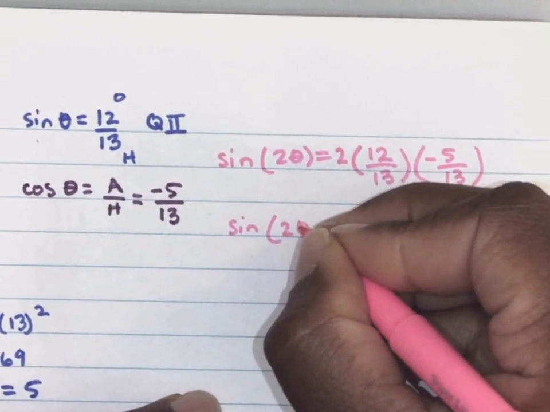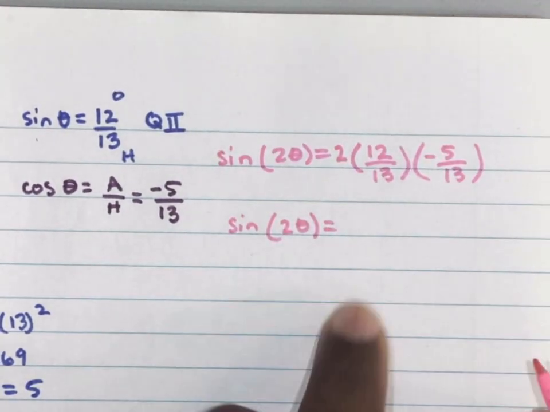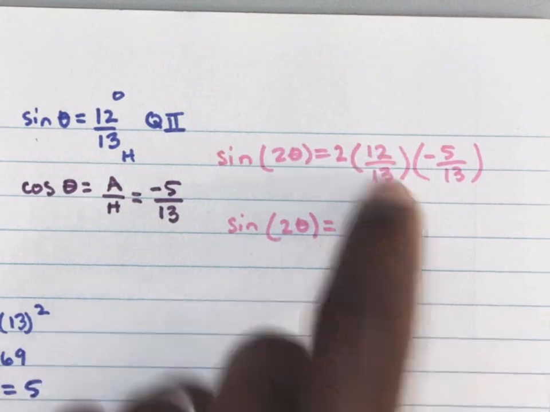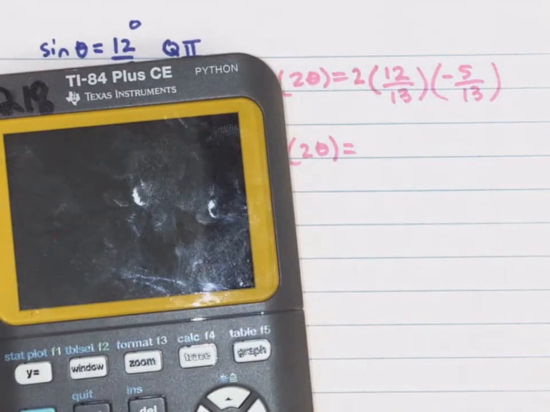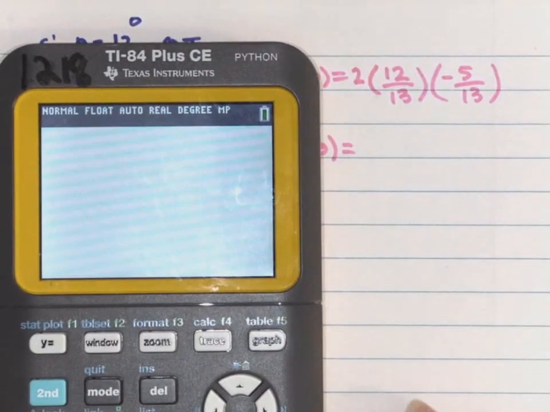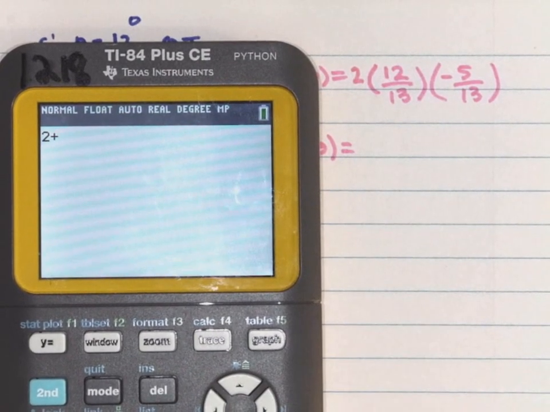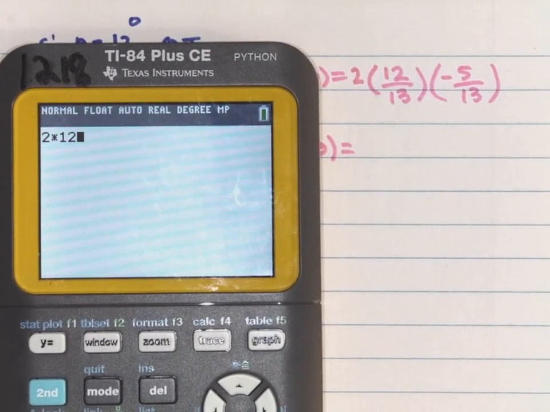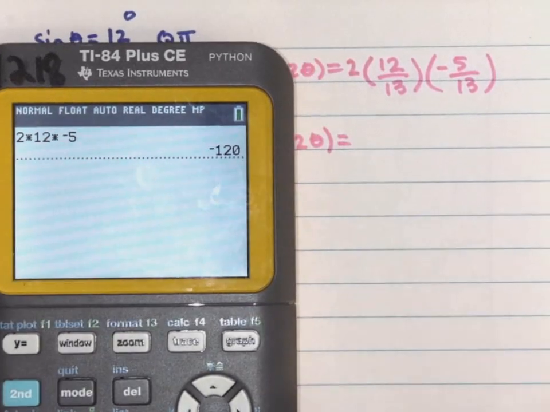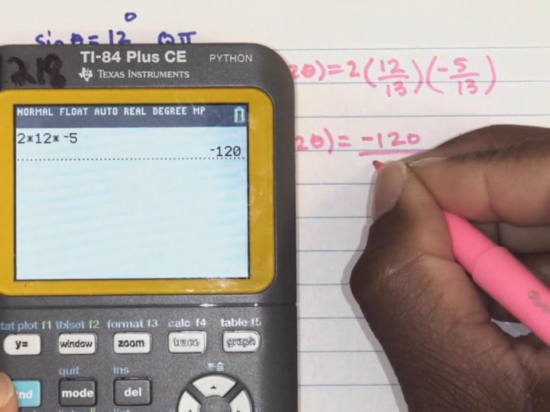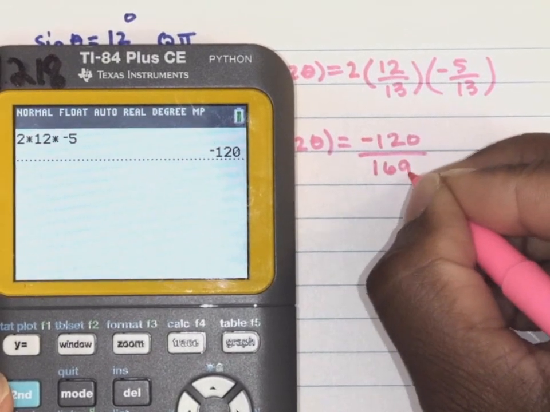Sine double angle will equal, none of these are reducible, so I got 2 times 12, which is 24, times -5, which is what, -120? 2 times 12 times -5, -120, over 13 times 13, which is 169.